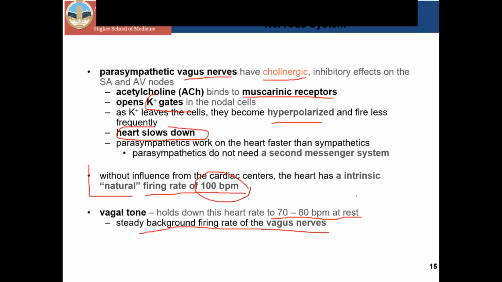For example, if you cut your vagus nerve during some operation, we know that the vagus nerve goes from the brain to the heart through the neck. If we imagine a condition in which we do some operation in the neck and you cut the vagus nerve, what happens?